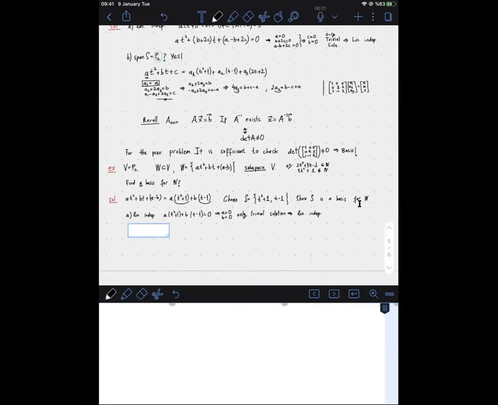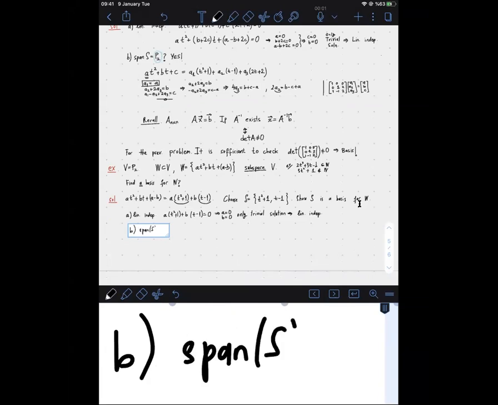Now let's look at the second part. So whether the span of S is W, what can we say about this?